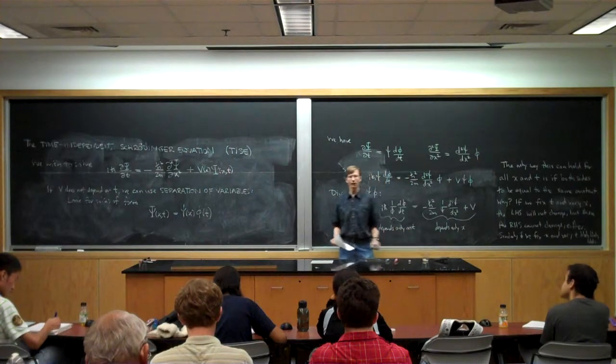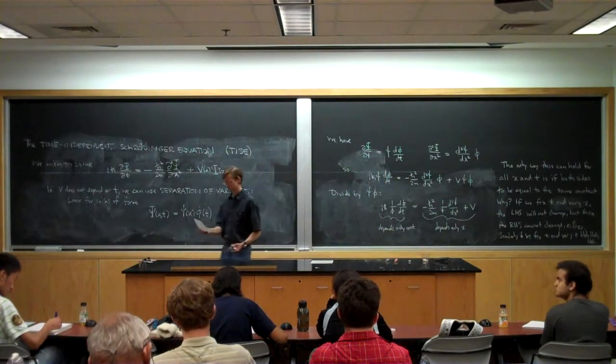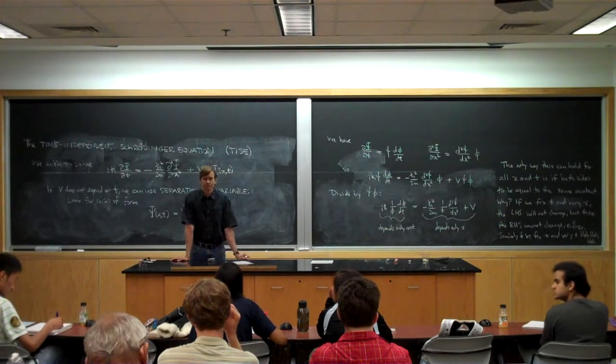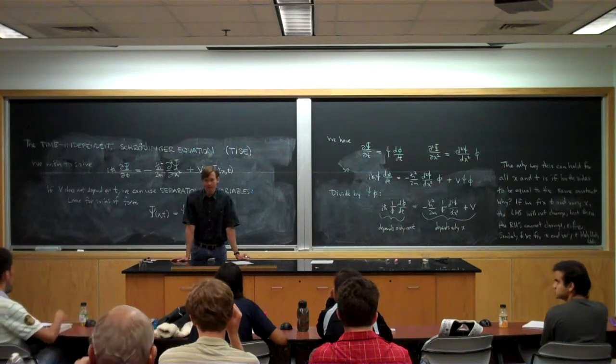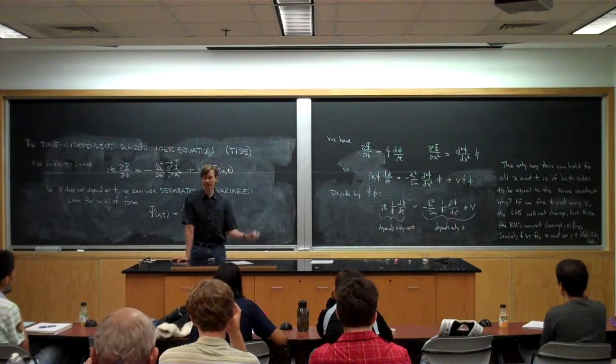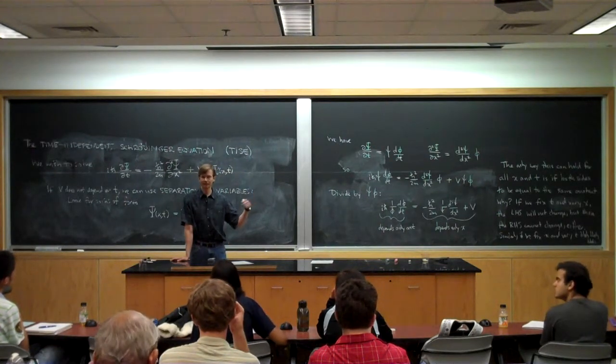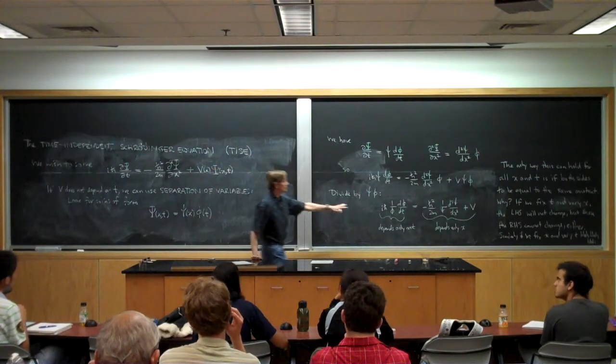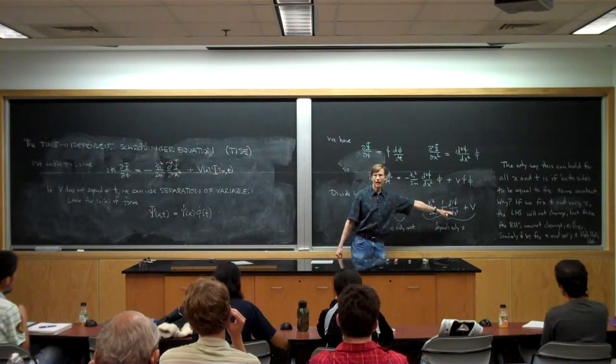Because it has to hold for all x and for all t. So you have to vary both t and x simultaneously. But even then, they're not going to change. Because if I vary x, nothing happens. If I vary t, nothing happens. Therefore, nothing happens. These things are both constants over the entire xt plane.